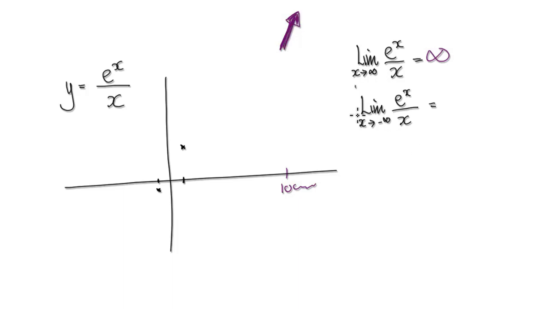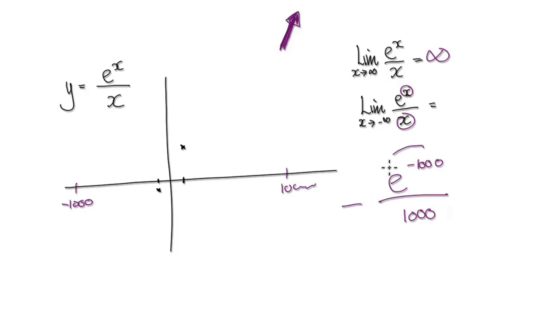And let's investigate what happens when x heads towards negative infinity. So when x is moving all the way to the left. So let's imagine -1000. That would be e to the power of -1000 divided by -1000. I have the right to move the negative up here, and I have the right to move the negative out here.